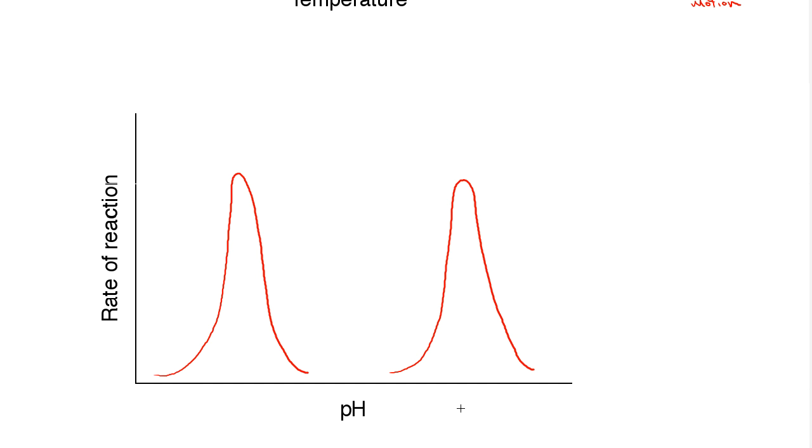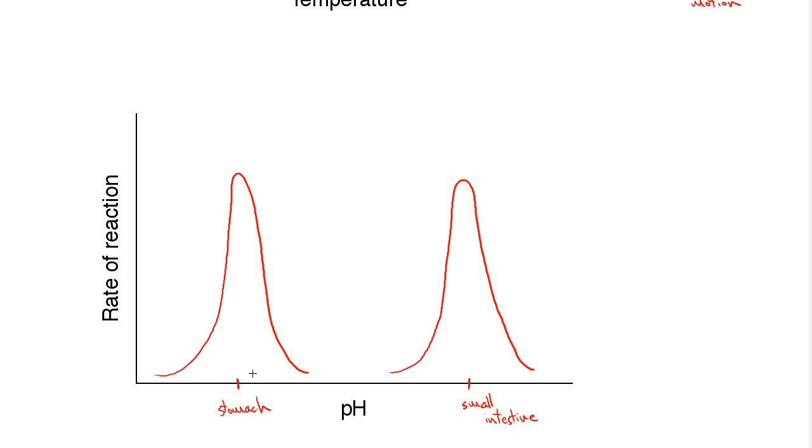And these can be seen to correspond to the environments in which they normally exist. For example, an enzyme in the small intestine where the pH is higher will have evolved to have a higher optimal pH, whereas an enzyme that's located in the stomach where the pH is lower will have evolved to have a lower optimal pH. And again, this all has to do with the 3D shape of the enzyme.